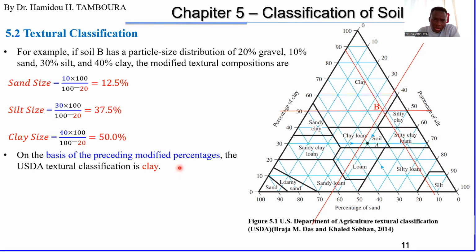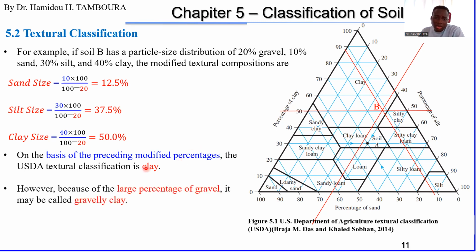Okay, but because this soil has a considerable percentage of gravel, in that case, we can call this soil B gravelly clay because of the high percentage of gravel. 20%, it's not small actually.